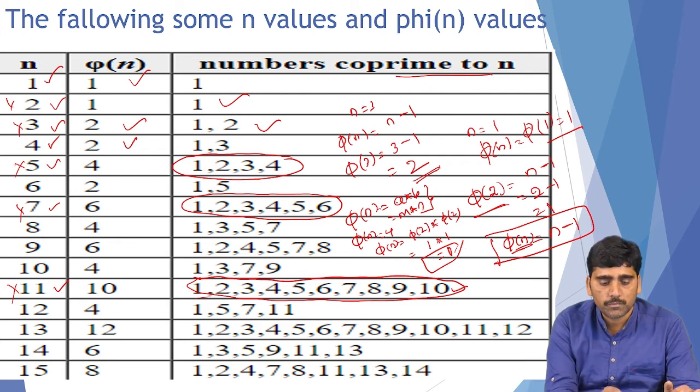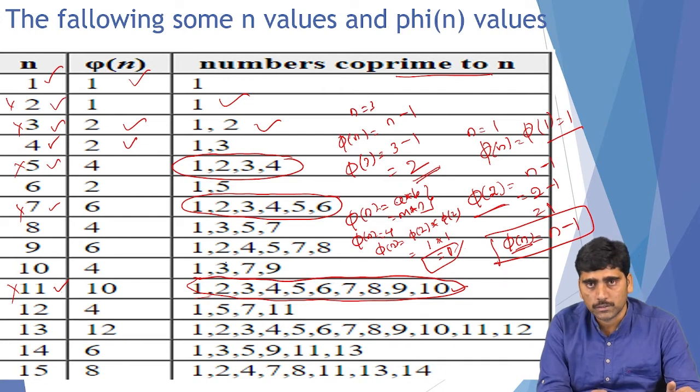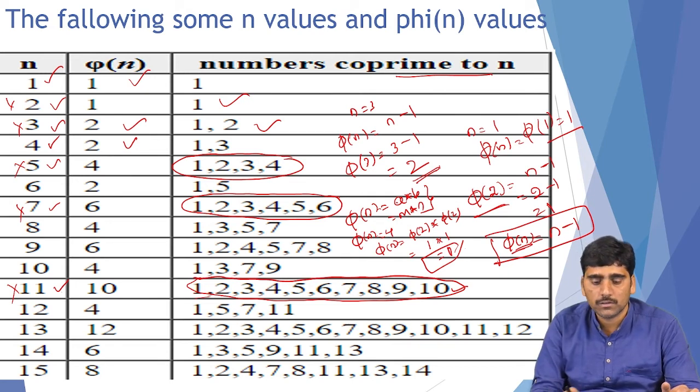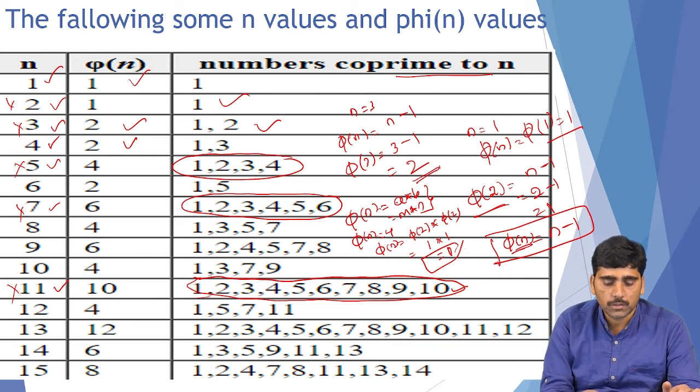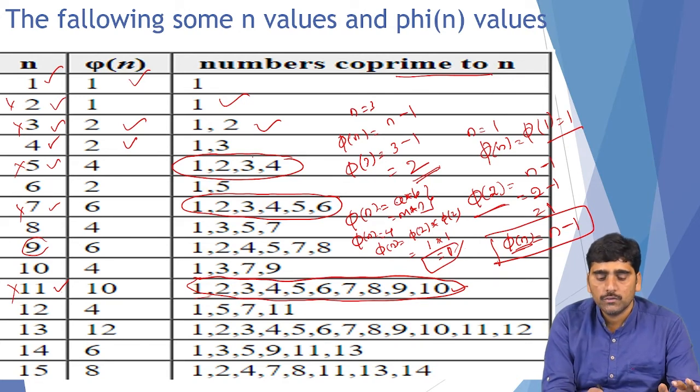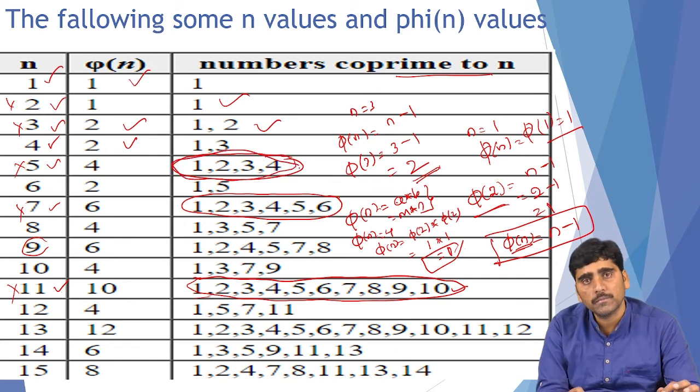Okay, so phi of 4 and phi of 6, these composite numbers, and some of the others like phi of 9 and phi of 10, we are going to see the formulas in the next slide. So for the prime numbers only, the numbers up to the last number are co-primes to the prime number.